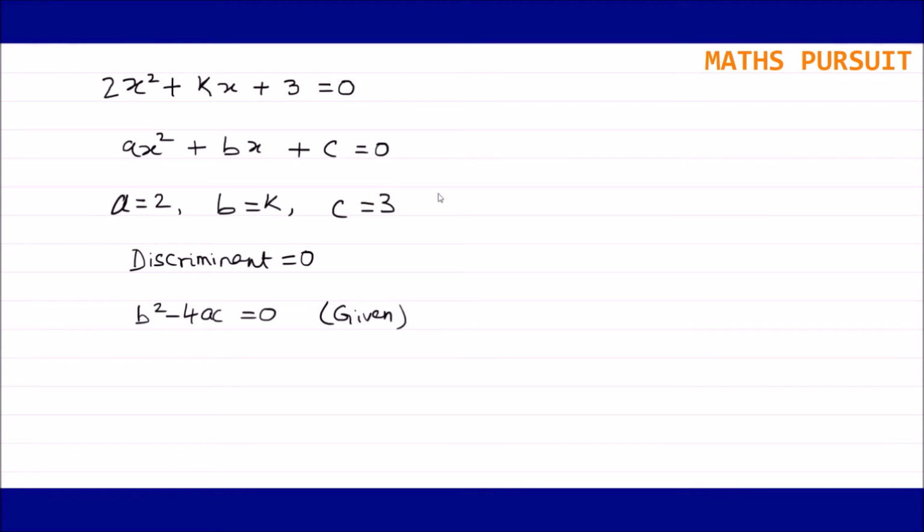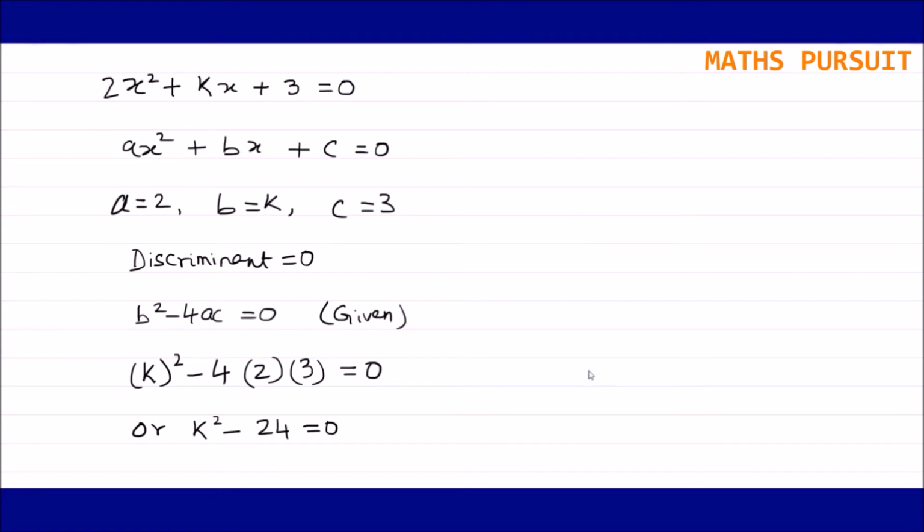So now let us replace the values we got for a, b, c in this equation and try to find the value of k. Instead of b, I can write k² - 4 into a, which is 2, and into c, which is 3, is equal to 0. Or I can write k² - 4 times 8, that is 24, is equal to 0.